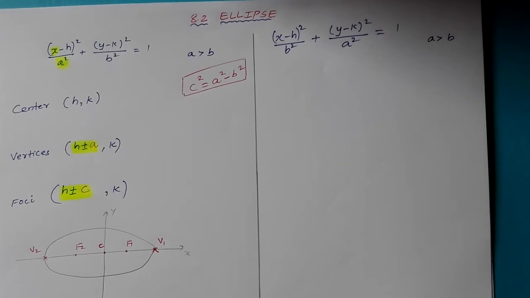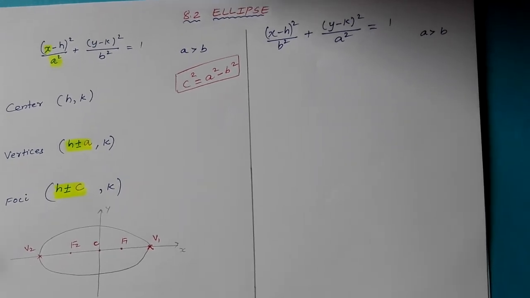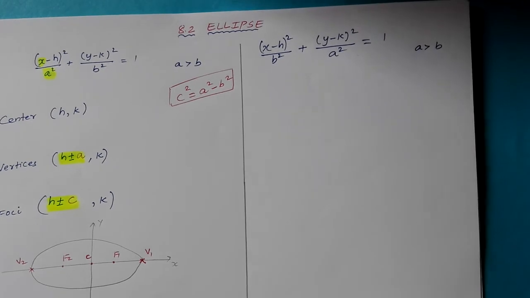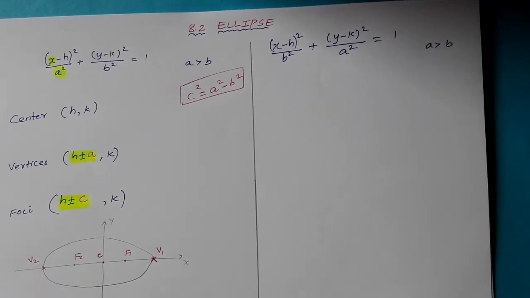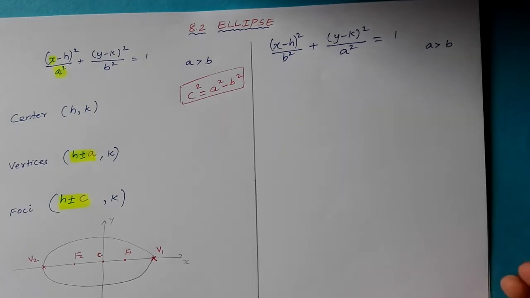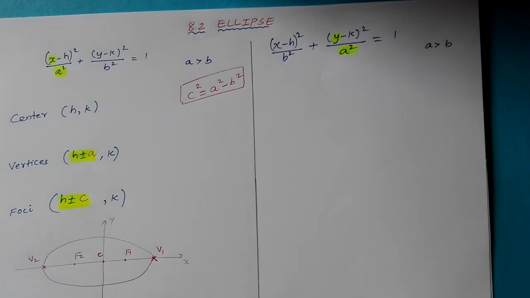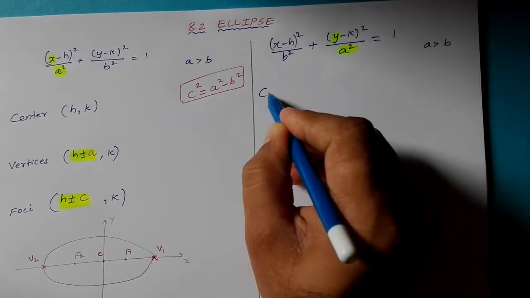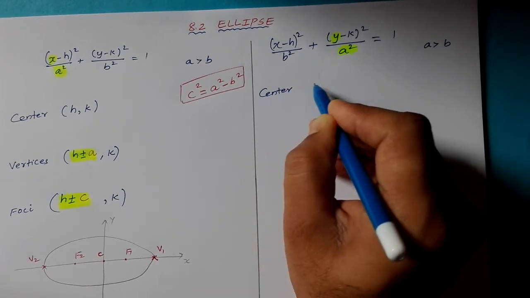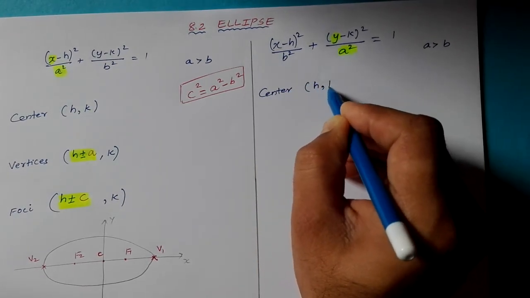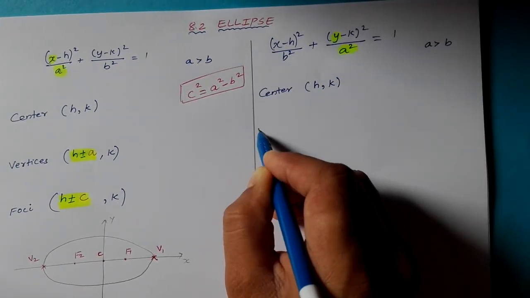Can you tell me what is the difference between the last one and this one? So here we have a present below y, therefore change in y. So I write the formula. What is this formula here? The center is the same, (h, k).